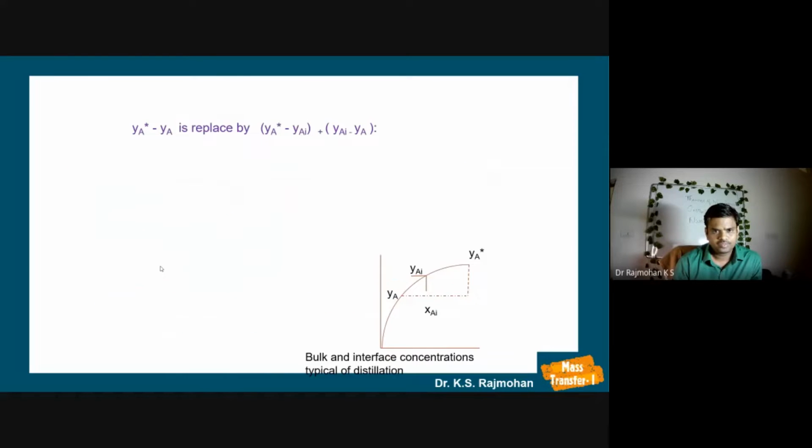Now what is the relationship between overall mass transfer coefficients and individual mass transfer coefficients?